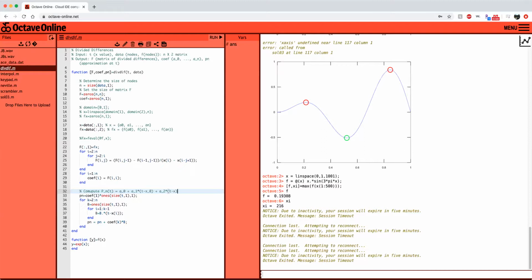Times (t minus x sub 0) times (t minus x sub 1), plus, and so on, right? So Pn is going to be what? Actually, first we're going to put a sub 0 into p sub n. But a sub 0 is nothing but the first entry in the column vector coefficient, COEF, right? Okay. So you don't have to take care of this.